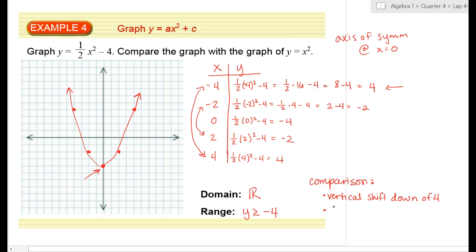And then the other thing that happened is that it got wider. Okay, so remember, wider means a vertical shrink of 1/2.